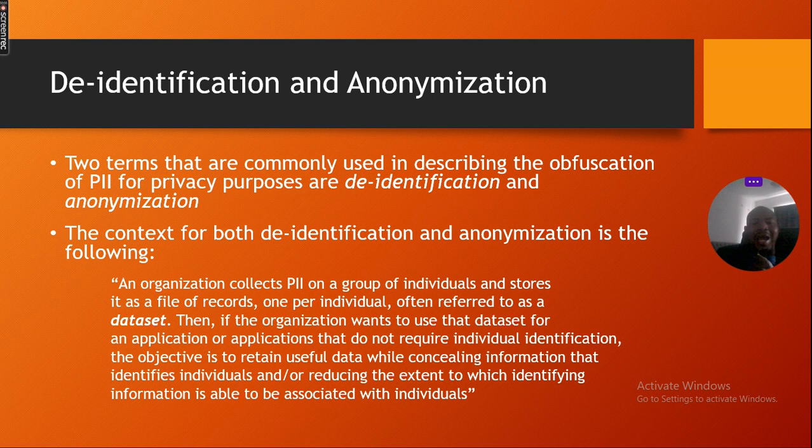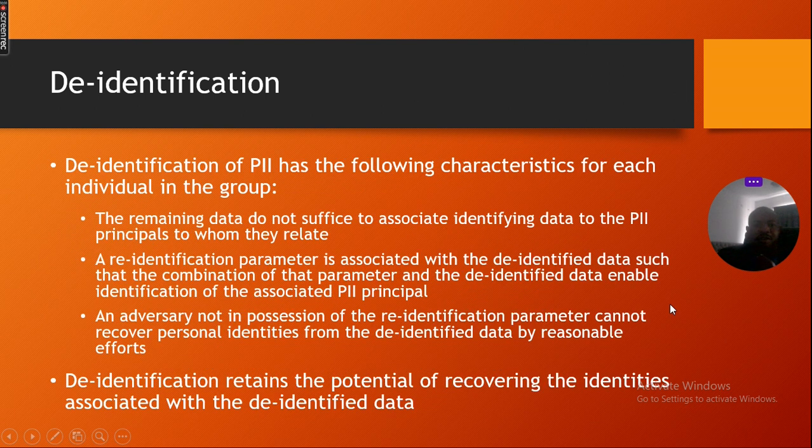That means you have to hide the ownership of the information you are publishing. Is that okay? So you have to conceal the information that identifies the individual as the rightful owner, by reducing the extent to which the identified information is able to be associated with the individual that owns it in the first instance.